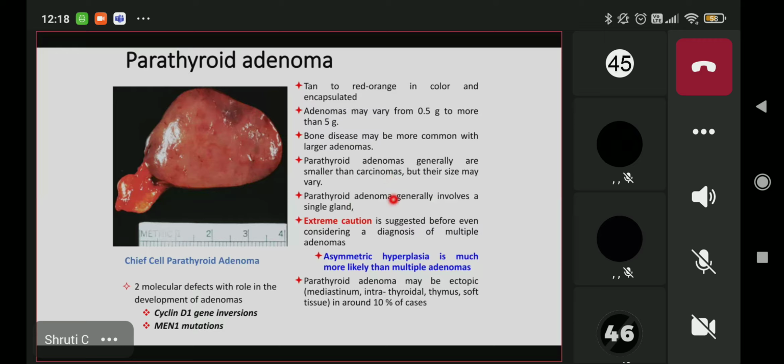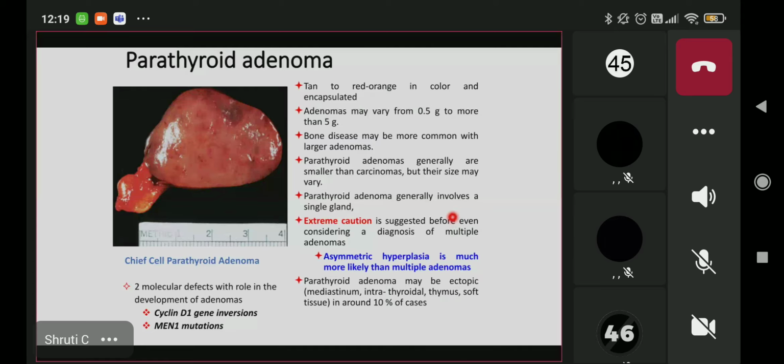Parathyroid adenoma, now this is important, adenomas usually involve a single gland. Usually there are 4 glands, so adenoma will involve a single gland, but this is not universal. And usually extreme caution is suggested before even considering a diagnosis of multiple adenomas. So if you feel more than one gland is involved, you should think of asymmetric hyperplasia more than the occurrence of multiple adenomas.